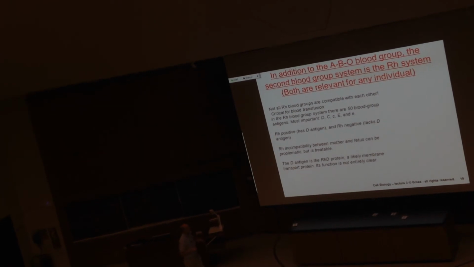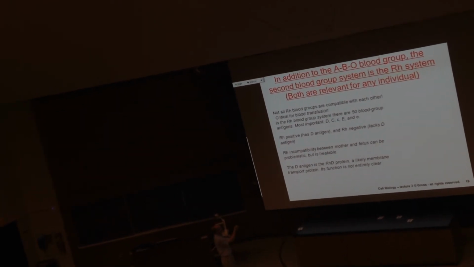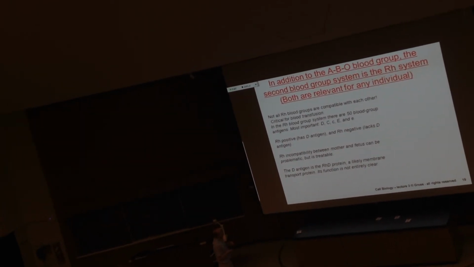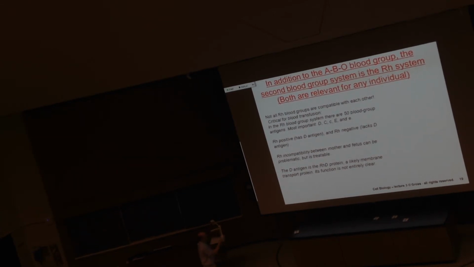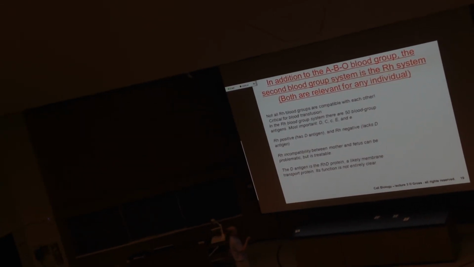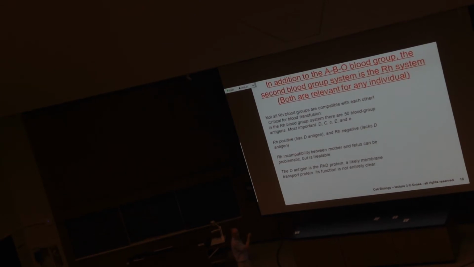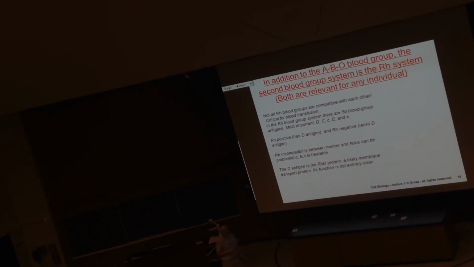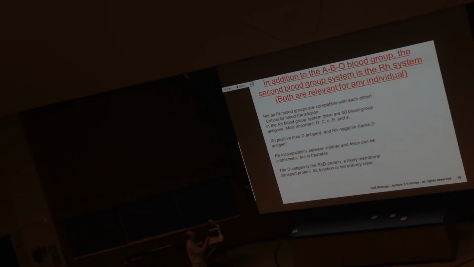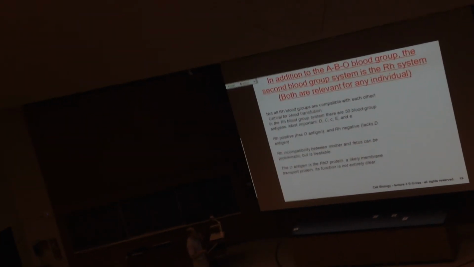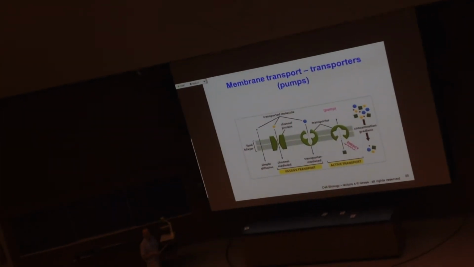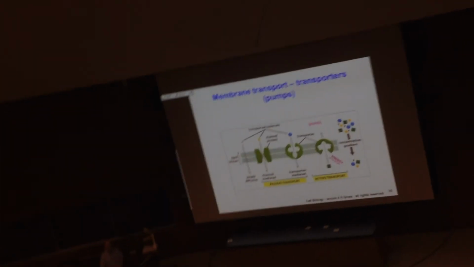So it's a separate set of proteins, and there is incompatibility between Rh positive and Rh negative. If you have the D antigen, then presumably you can get Rh negative blood, but if you don't have the D antigen, you're going to mount an immune response if you get D positive blood. You can also get incompatibility between mother and fetus, and if you want to talk about the genetics that lead to that, I'll discuss it with you after class. Okay, any questions on that before we talk about transporters?